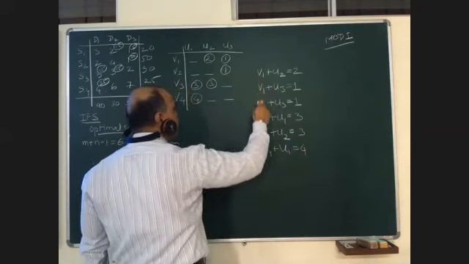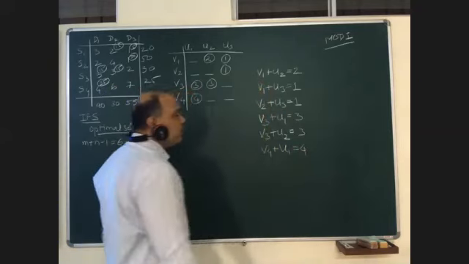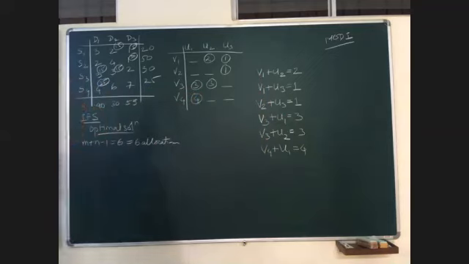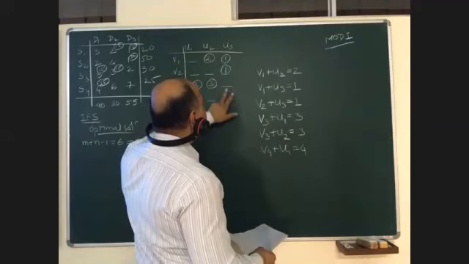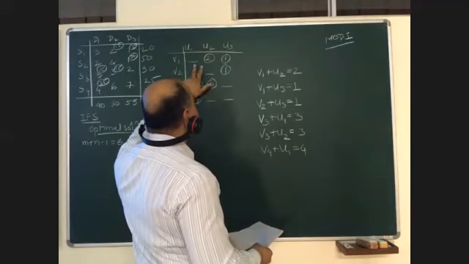Check again: 1, 2, 3, 4, 5, 6. We got 6 equations. Clear to all? Just respond yes or no. Yes, sir. This is the Modi method. Good. What we will do is try to solve these equations and get the answers for these blank spaces.